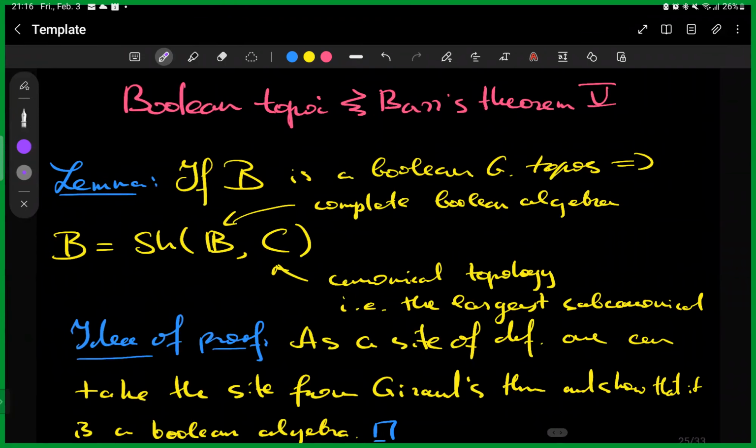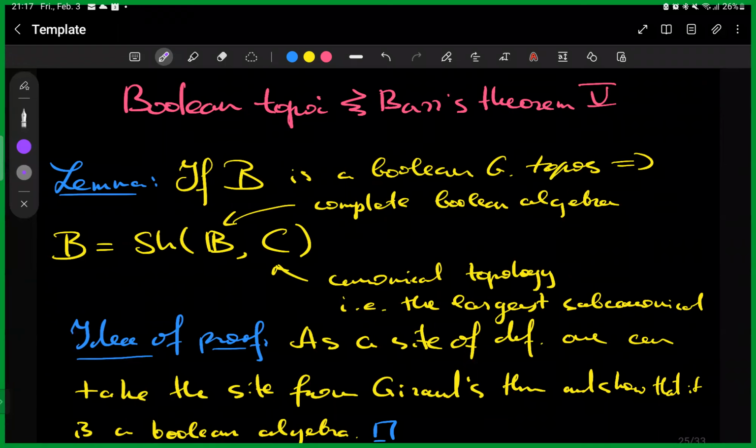So another nice thing about this result of Barr is that actually some questions about an arbitrary Grothendieck topos can be reduced to questions about sheaves on a complete Boolean algebra.